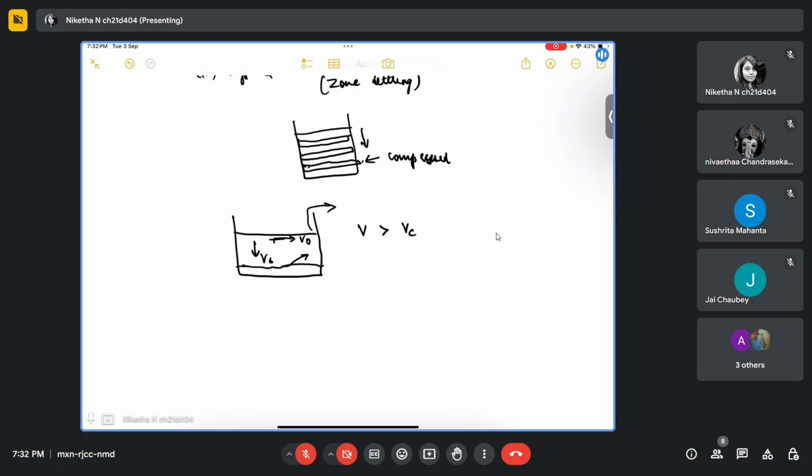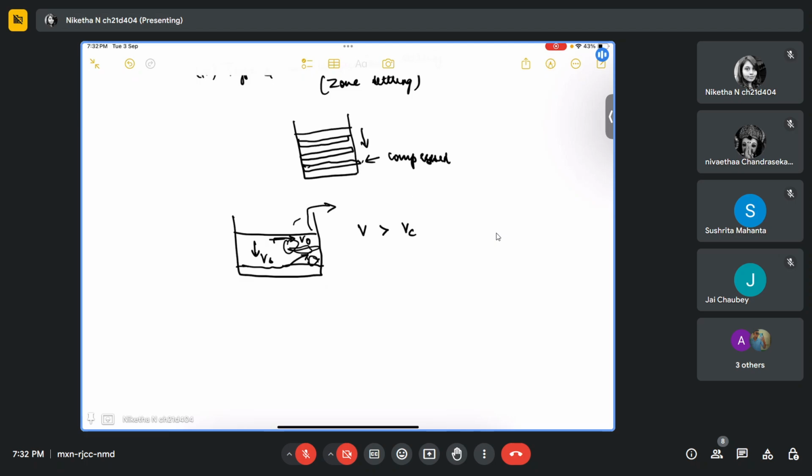So what this means is that you should maintain a velocity which should not be higher than the critical velocity, because when you have a very high velocity, whatever settled solids are there at the bottom will be moved from their position, and again suspension will be created here. And then these particles will be coming out of the outlet.